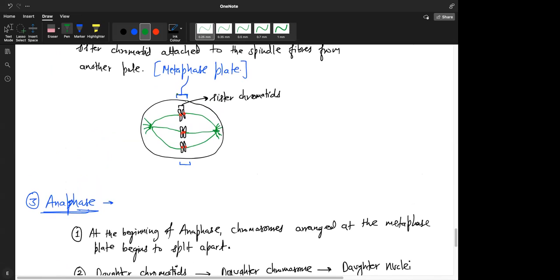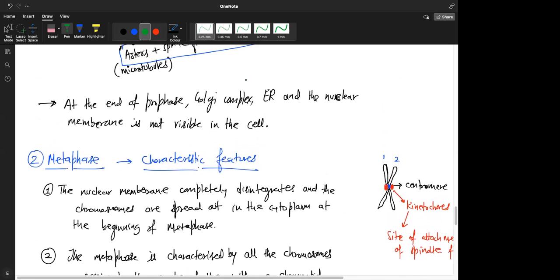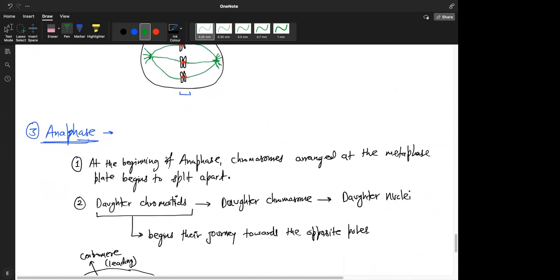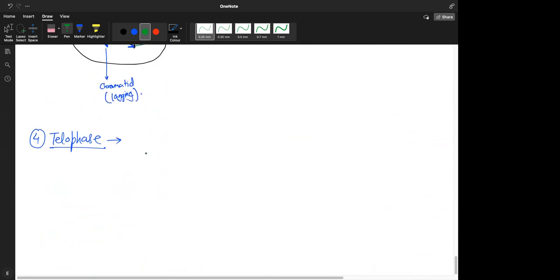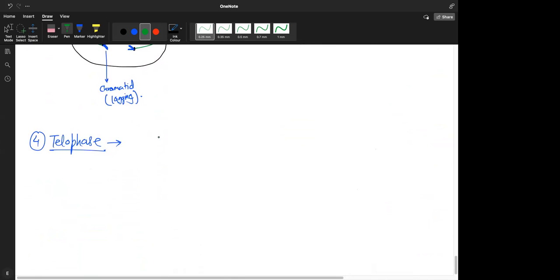That transient event where the ceremony, the union, was being done was at the metaphase plate. And it was a very short-lived event, right? As I told you, in the whole marriage ceremony, the actual thing is very short-lived. But most of the time came in transporting it towards the metaphase plate, then taking it to different directions.